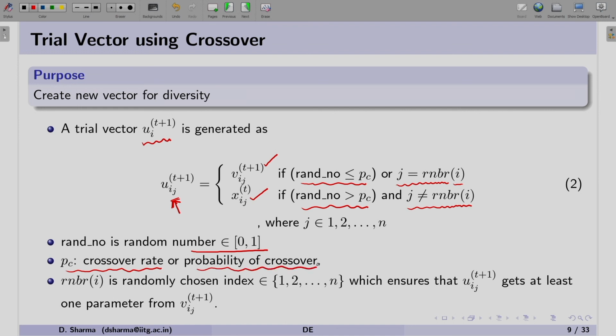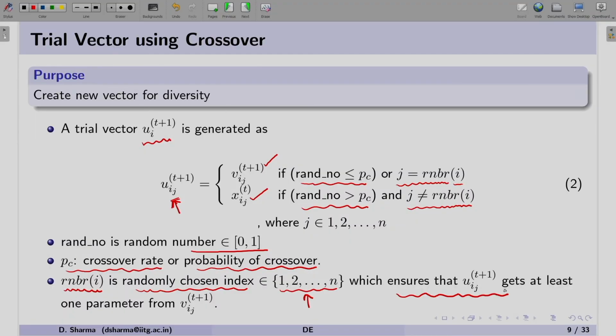Now, let us come to rnbr(i). This is a randomly chosen index between 1 and n. These are the indices used for the decision variables. It means that we are creating a random number, and when this random number is the same as the decision variable we are considering, we copy that decision variable from the mutant vector to the trial vector.